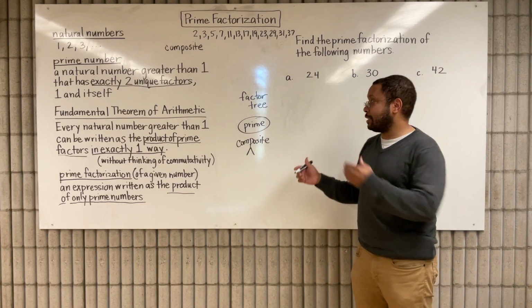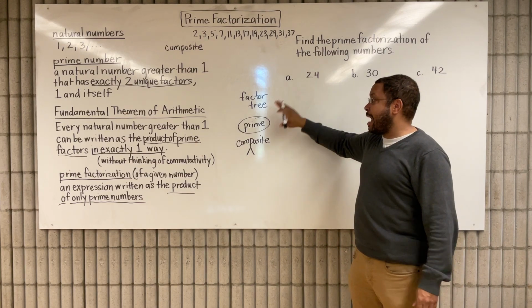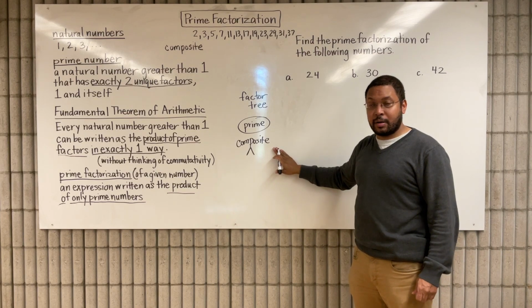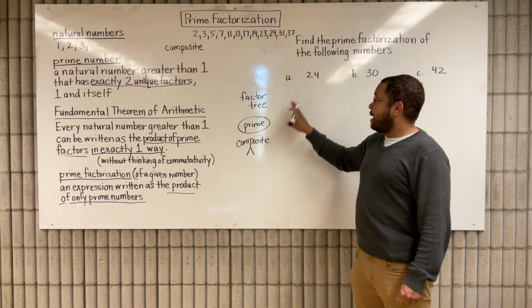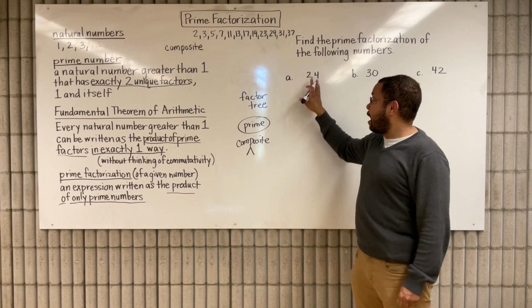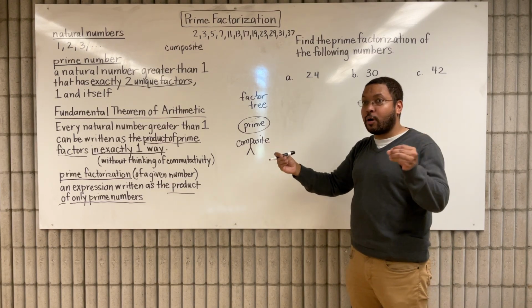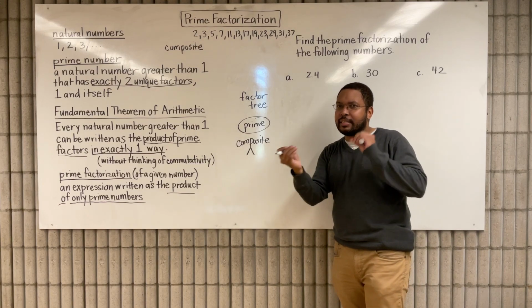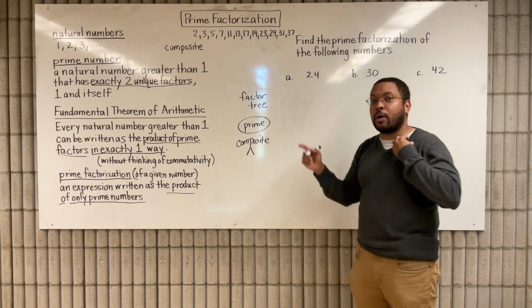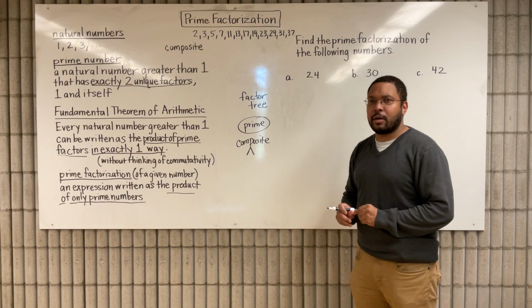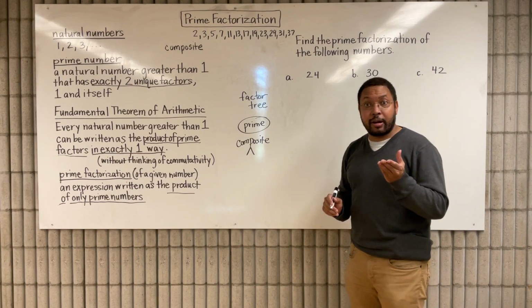So here goes. We ask ourselves, is 24 a prime or composite number? Are there just 2 unique factors to make up 24, 1 and 24? Or can you think of any other number times another number that makes 24 without multiplying 1 and 24? You can think of 2, right?